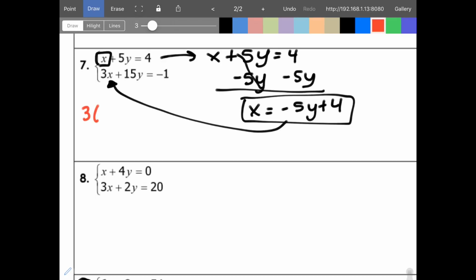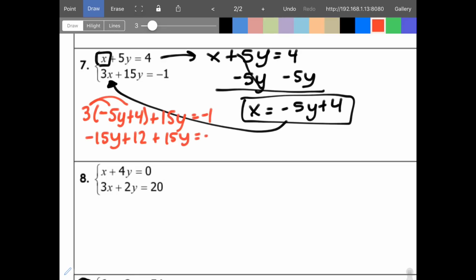So it's gonna look like this. 3 times x, which is negative 5y plus 4, plus 15y equals negative 1. So distribute, that's negative 15y plus 12, 3 times 4 is 12, plus 15y equals negative 1.